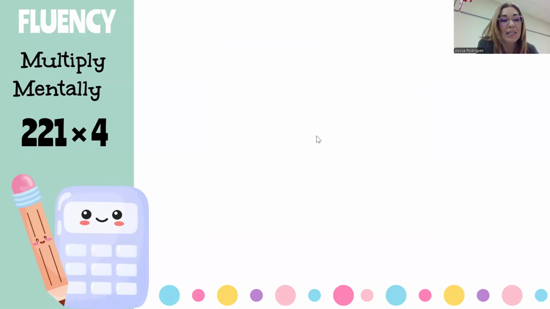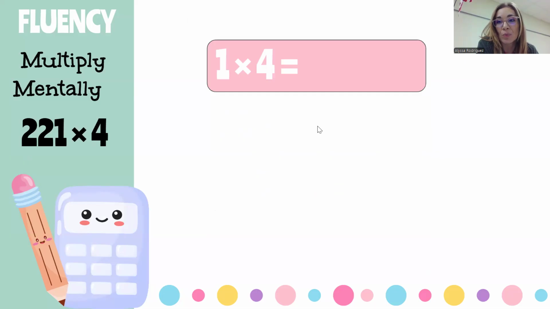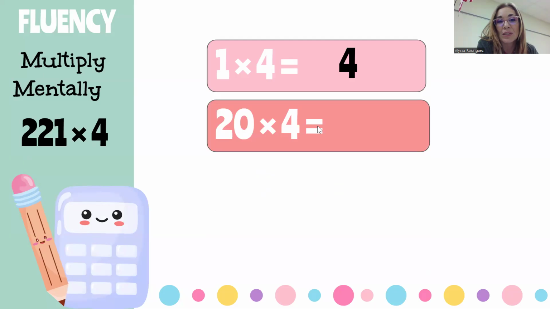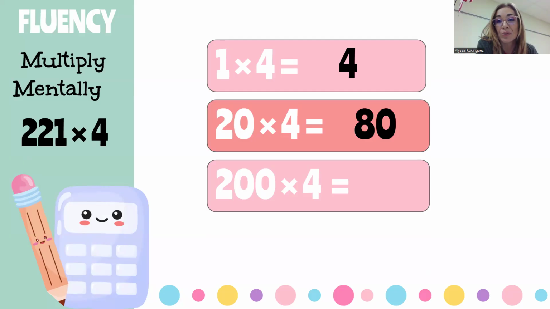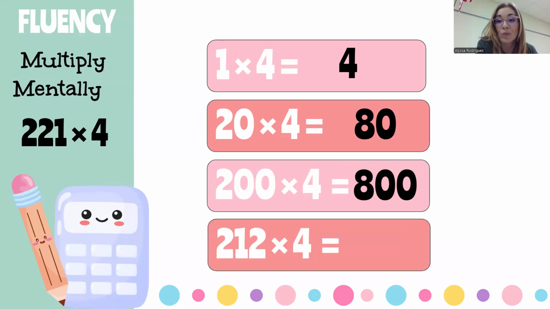Okay, next one. What is 4 times 1? 20 times 4. 200 times 4. And work that one out.